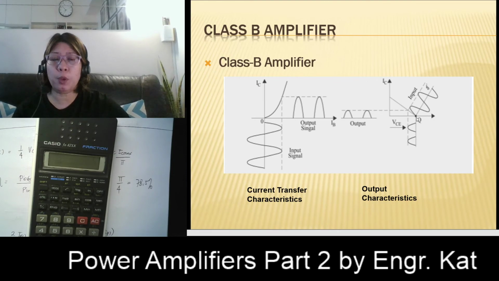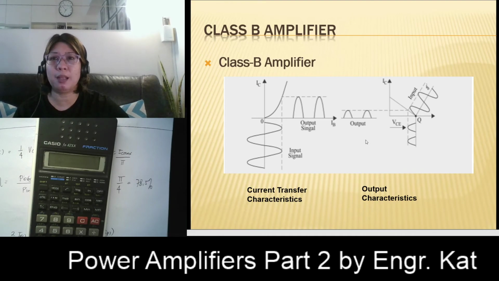So when we place our Q point here and place an input signal in this manner, only during the positive half of your input signal do you have an output signal. Okay, so the output signal only occurs during the positive half of your input signal. So this is the current transfer characteristic and this is your output characteristic.